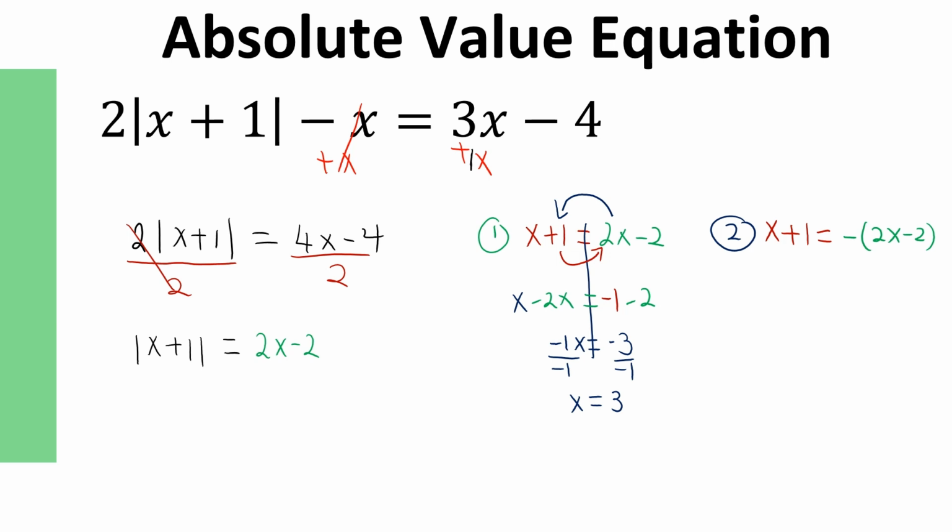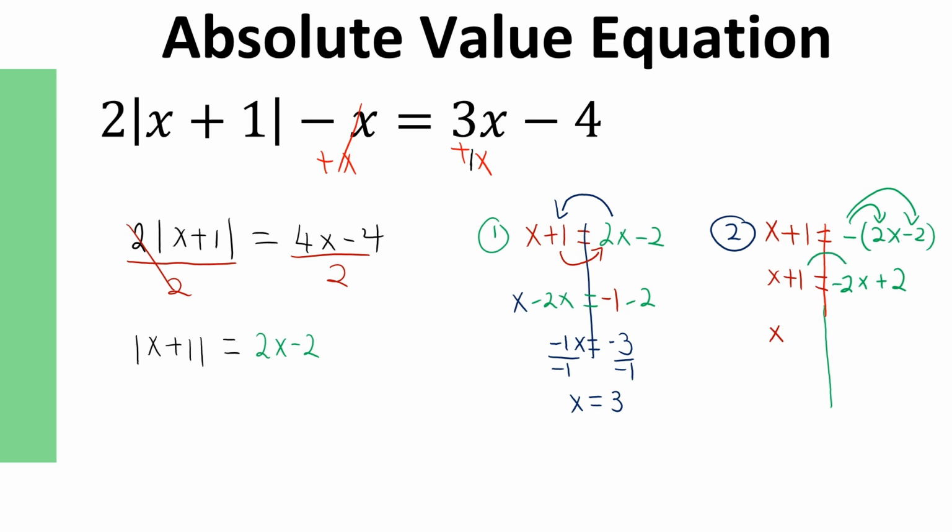And for the second equation, the first thing I need to do is to distribute the negative sign. So I have x plus 1 equals, so positive 2x will become negative 2x when I distribute the negative sign. And negative 2 will become positive 2. So now my process will be the same thing I did earlier. So we're going to put the x's on the left side and numbers on the right side. So we have x and negative 2x.